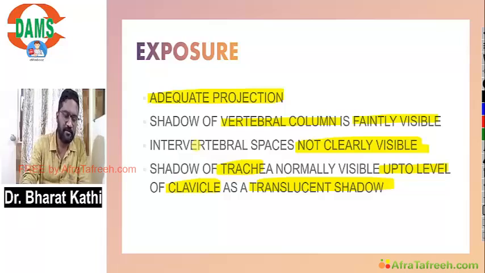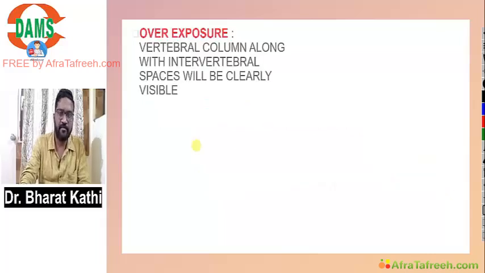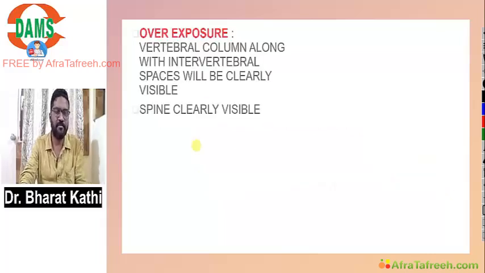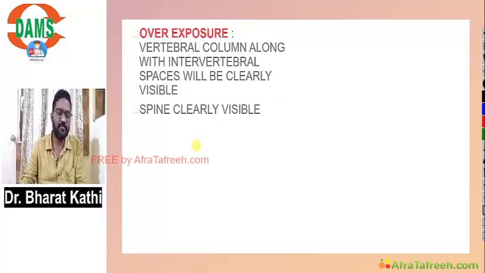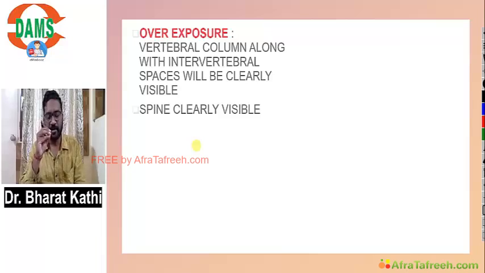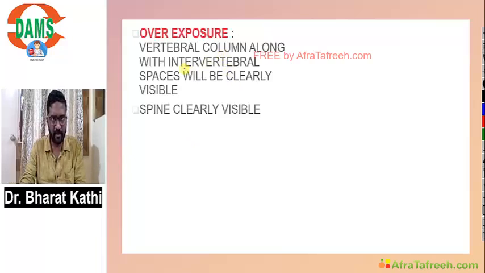This I will show you on X-ray so that you will understand better. So this is an overexposed film. In an overexposed film, because you are sending the X-rays in high intensity, the vertebral column along with intervertebral spaces will be clearly visible.